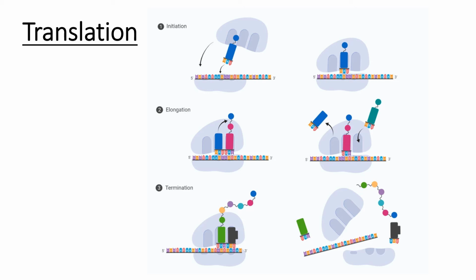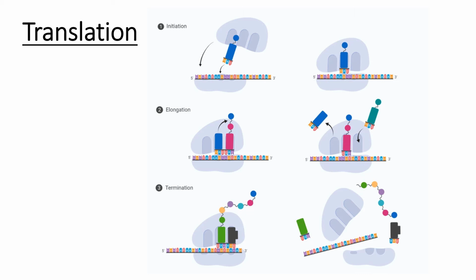What's going to happen is that during the elongation stage, tRNAs are going to bring in amino acids to start building that protein, and the ribosome will build peptide bonds between those amino acids. So you can see we had this little pink one enter, well, the process actually started off with the blue one.